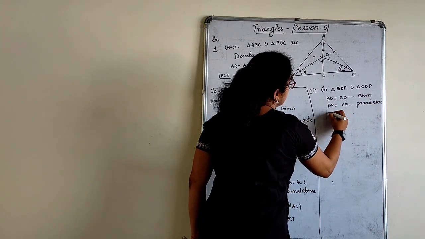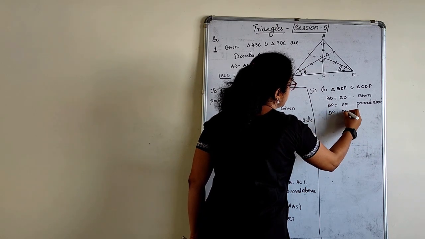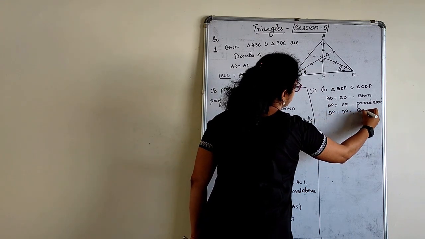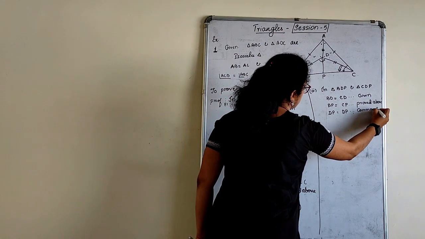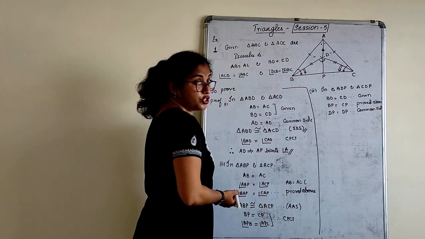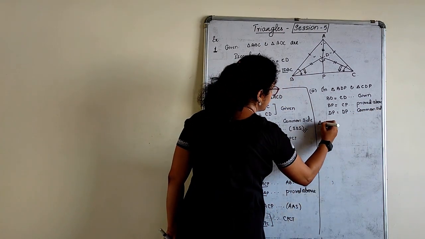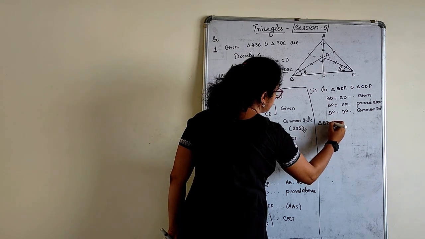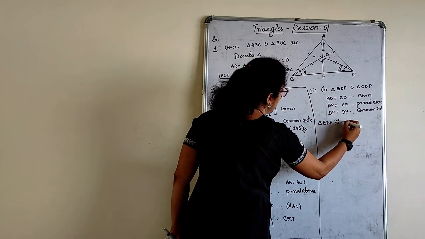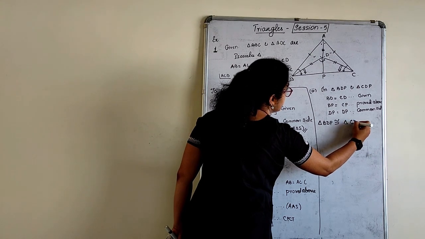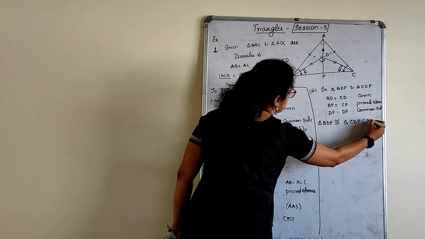Last, DP is equal to DP, common side. Which congruence rule? Triple S. Triangle BDP is equal and congruent to triangle CDP by triple S.